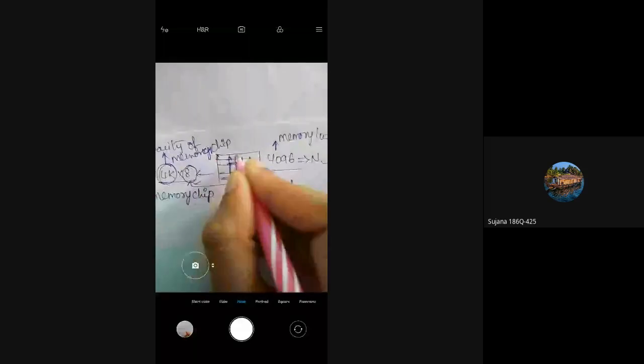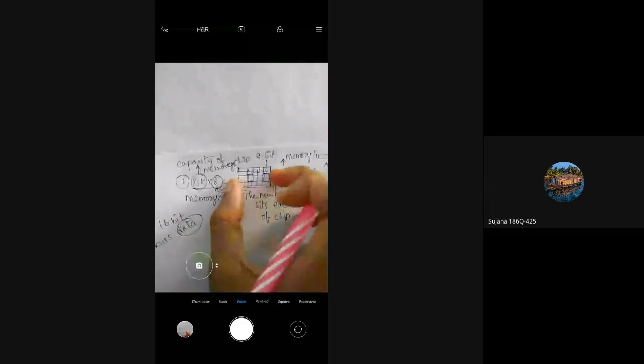If you consider any memory location under this chip, each location can accommodate 8-bit data. First of all, we have to arrange the available memory chip so that we obtain a 16-bit data bus width.